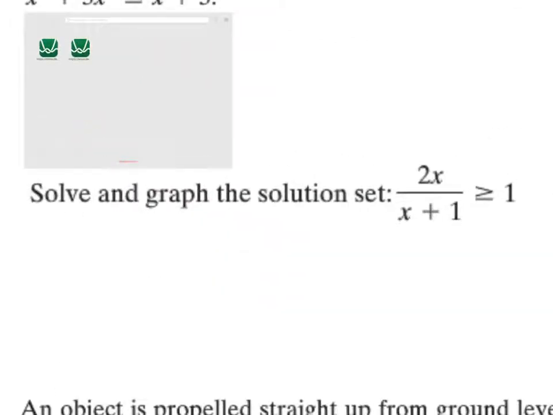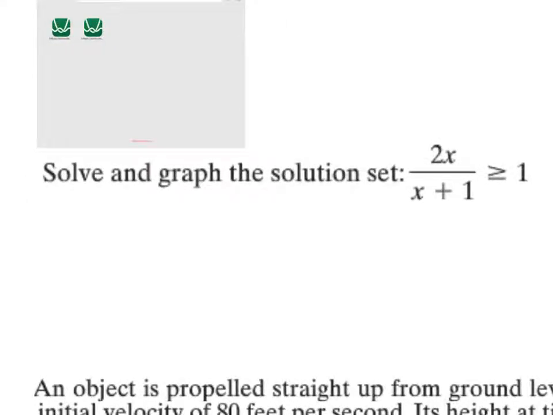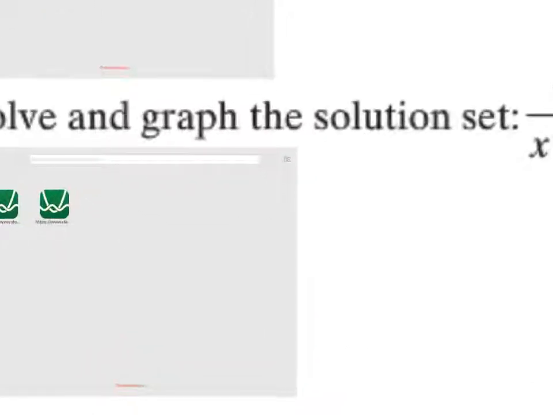All right, 2x over x plus 1 is greater than or equal to 1. So let me graph this in Desmos real quick. All right, so on this one, we're looking to see where the red line is larger than the blue line. Now, before we do anything, we have to identify the fact that there is a vertical asymptote here, at the line x equals negative 1.